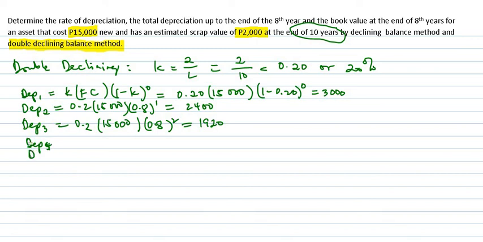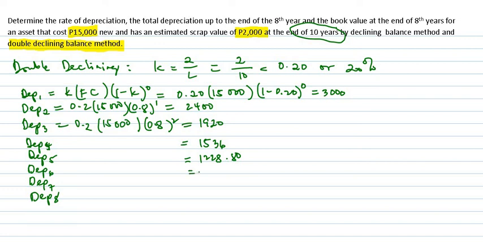So same process with the fourth year, fifth, sixth, seventh year, and then the eighth. The equivalent here for the fourth year of depreciation is 1,536. For the fifth year depreciation, that is 1,228.80.